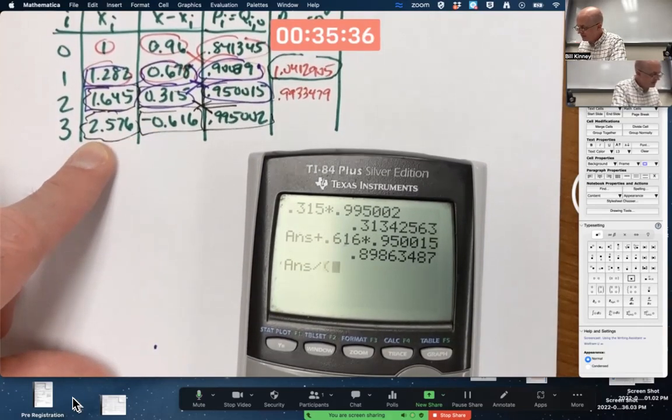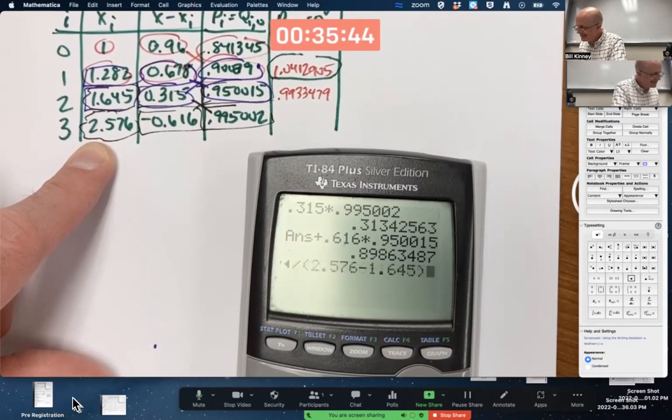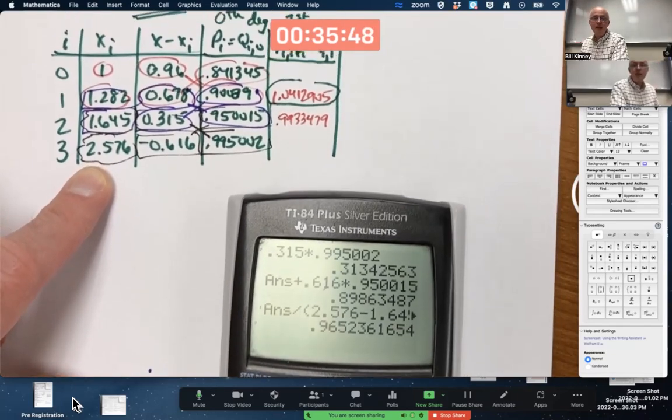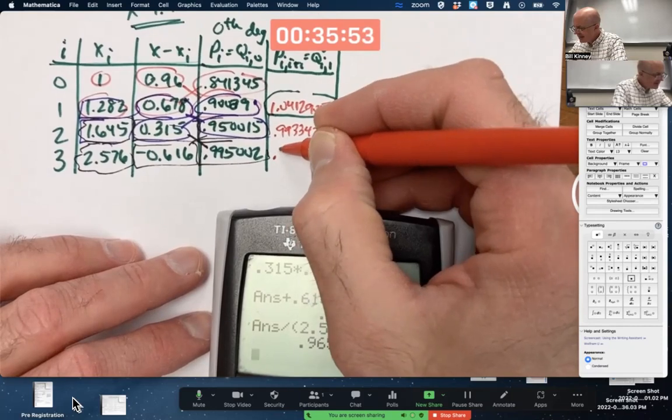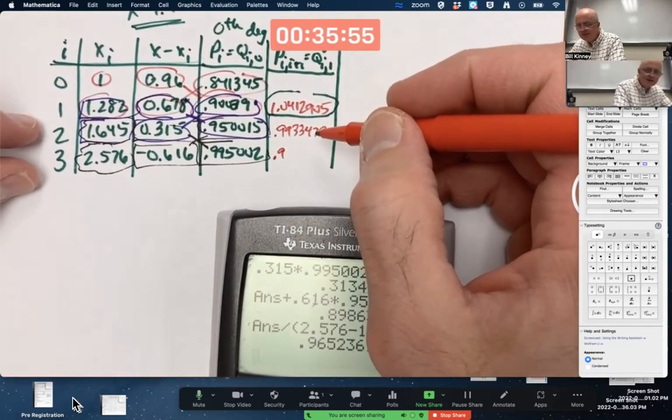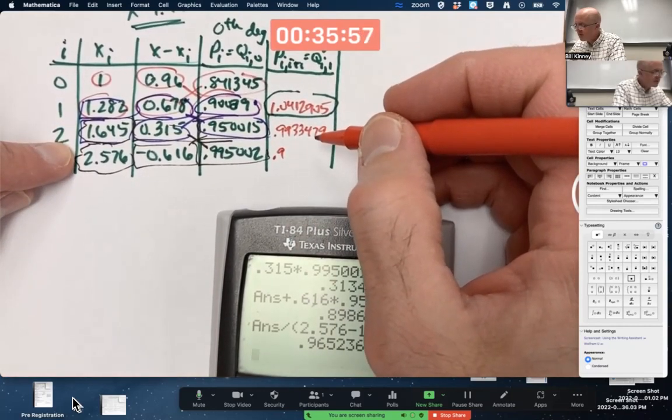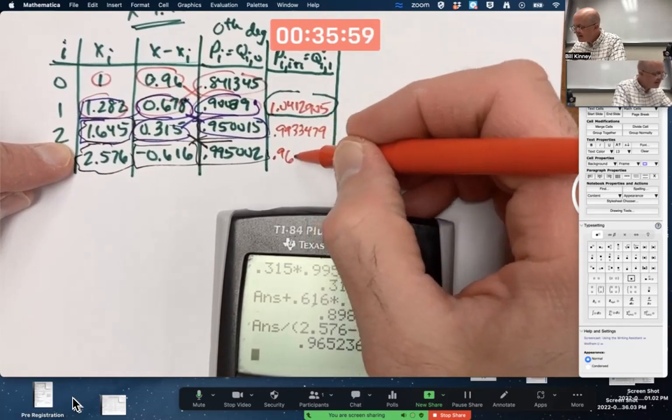Divide by the difference, 2.576 minus 1.645, and I'm afraid I'm going to get the wrong answer here. Oh, okay, that's better. That one is the closest, and to me it's not surprising that it's maybe a little too low because now we are using a node that's to the right of 1.96. 0.965236.